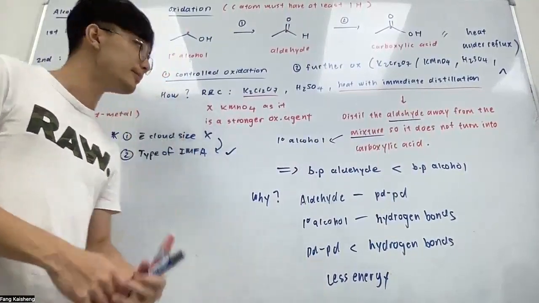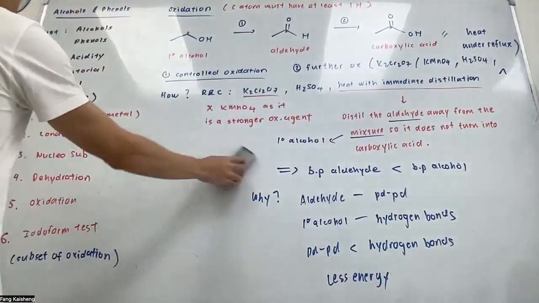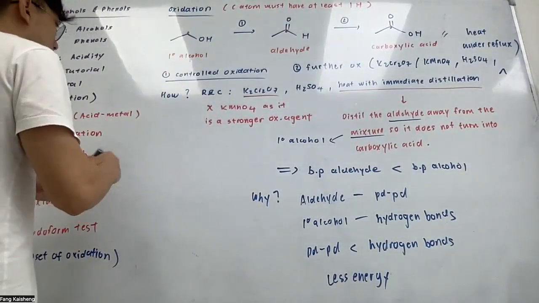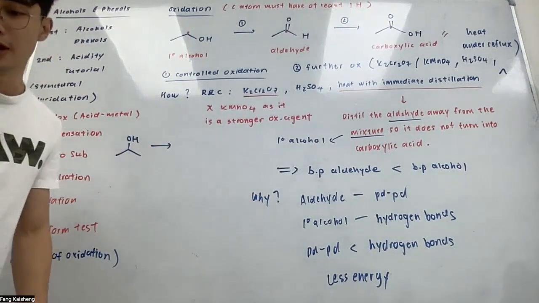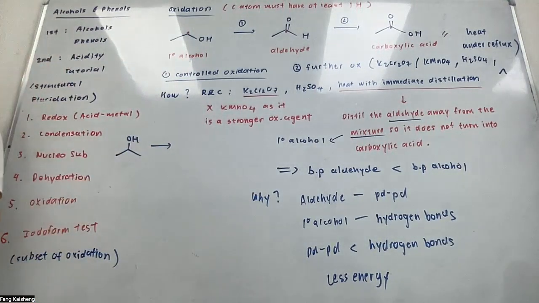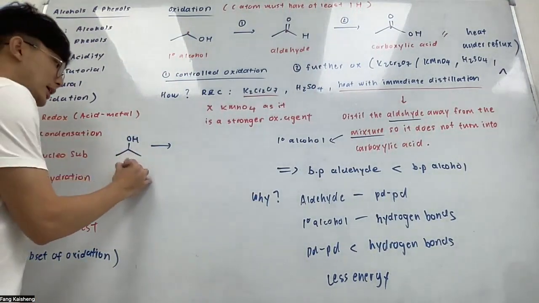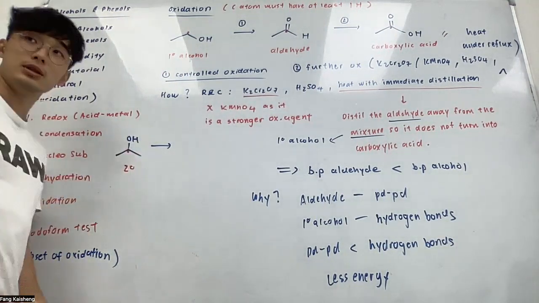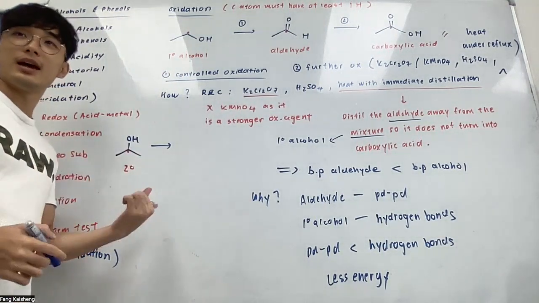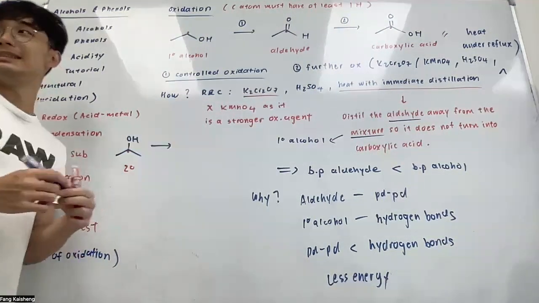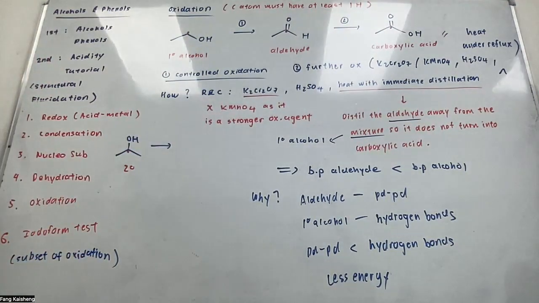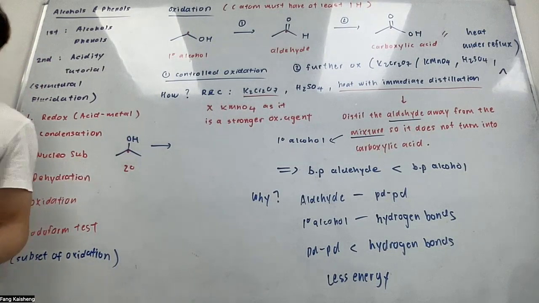No questions? All right, secondary alcohols are our next focus. Guys, can a secondary alcohol oxidize? Does it have an H on this carbon? Yes, it has an H, it's invisible. You can reflux everything.